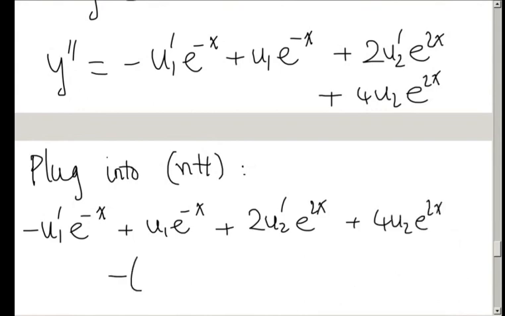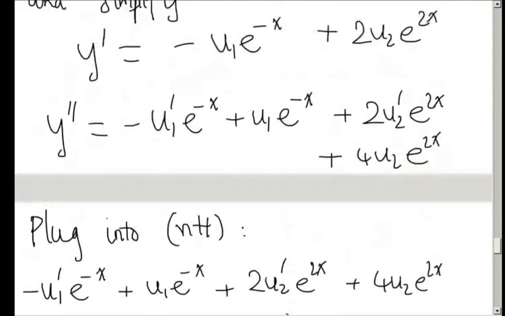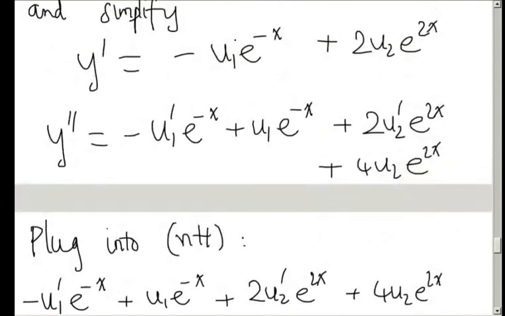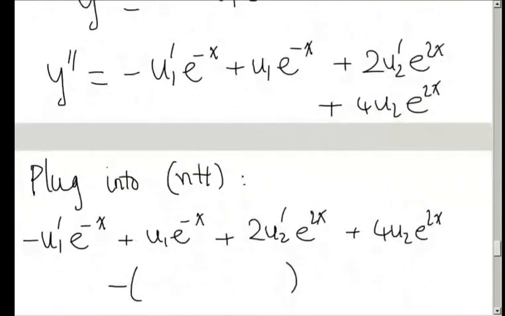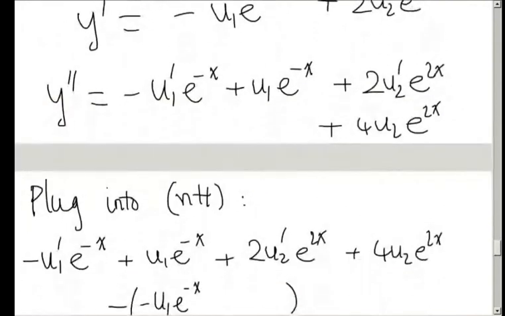minus the derivative y prime, which is here. So minus u1 e to the minus x plus 2u2 e to the 2x.